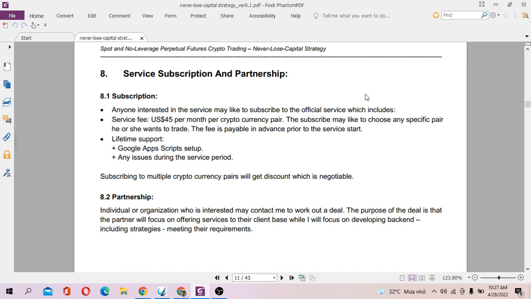The first is for individual investors or traders. If you're happy with the result of the strategy, you can buy the service for 45 US dollars per month per cryptocurrency pair. If you subscribe to multiple pairs, you might get discounts. The service package also includes setup and resolving any issues during the service period.